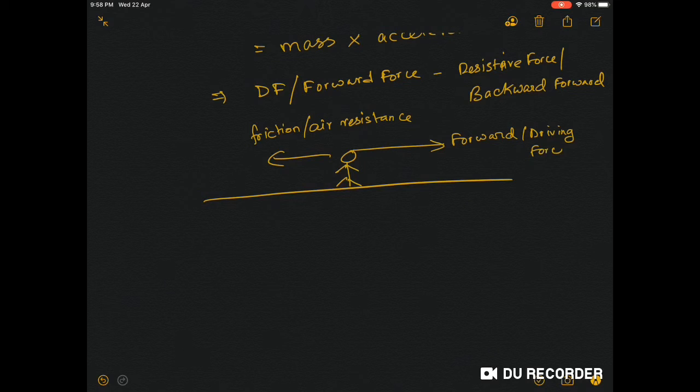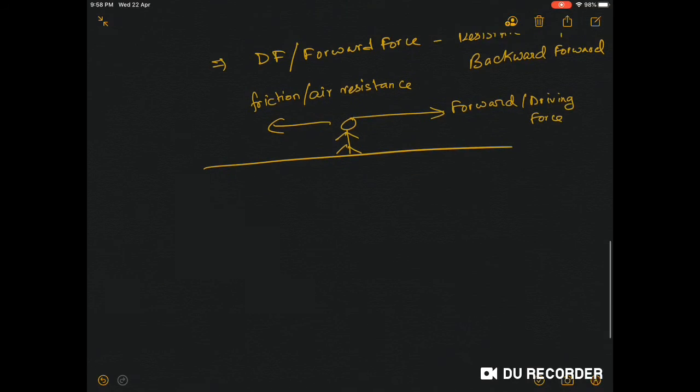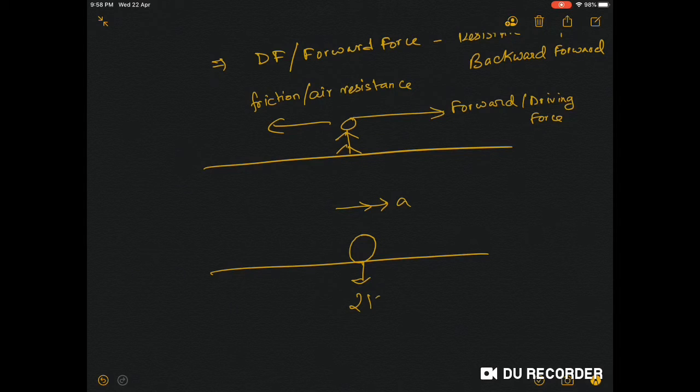All right. So let's say we have another situation coming up. Let's say I have this particle, the acceleration is not given, and the mass is 2 kg. My driving force is 3 Newton and my backward force is 7 Newton.